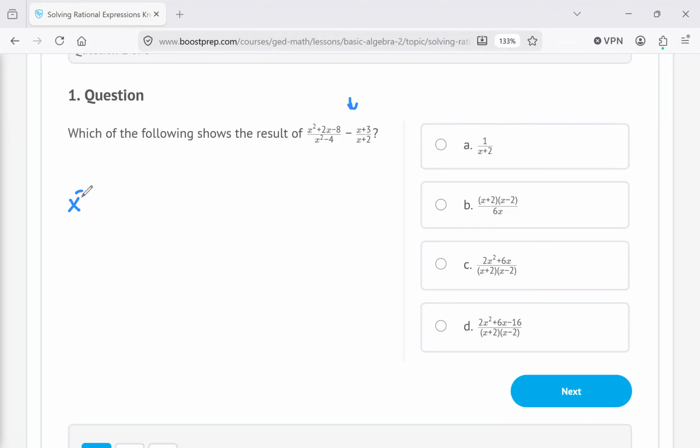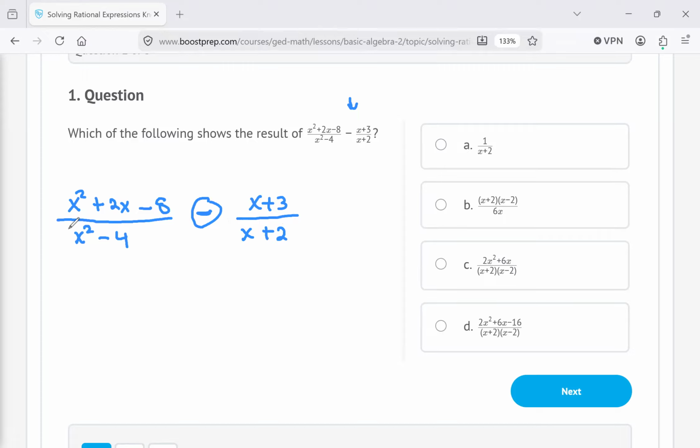We have x squared plus 2x minus 8 over x squared minus 4, minus x plus 3 over x plus 2. If you are adding or subtracting, and we're definitely subtracting because it's a minus, you need to first find a common denominator.